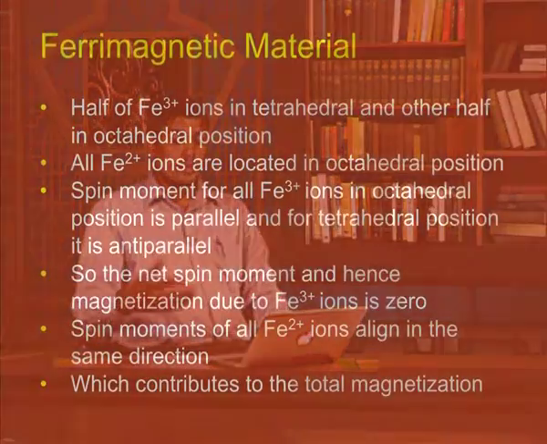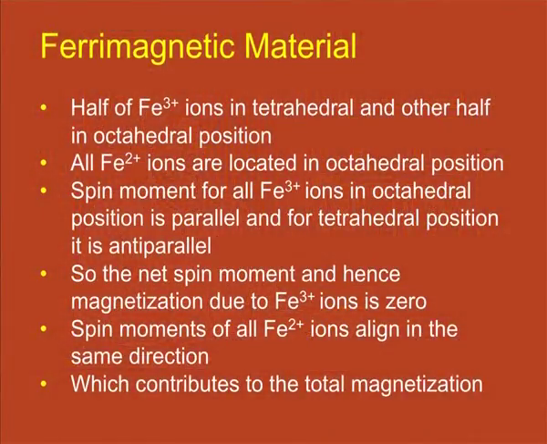Because of this arrangement, the net magnetic moment due to Fe+3 ion is 0. So, the contribution comes from Fe+2 ion, which is either in the up direction or in the down direction. So, the net magnetization is due to the Fe+2 ions in this magnetite material.